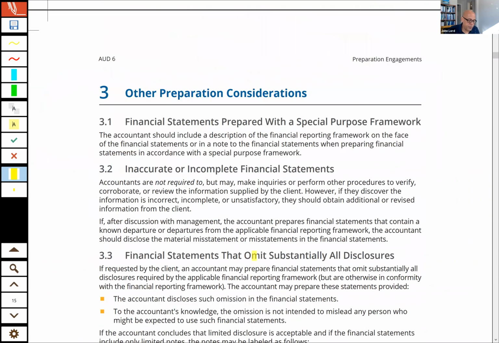Now, if they prepare statements in accordance with a special purpose framework, cash basis, whatever, then they say the accountant should include a description of the financial reporting framework on the face of the financial statements or the notes of the financial statements, and I don't like the way that's written. The accountant should ensure that management makes sure that that's on each page of the financial statements, or there's a footnote.